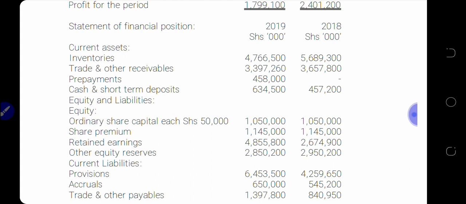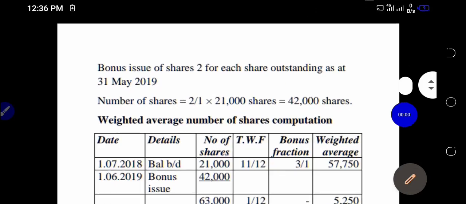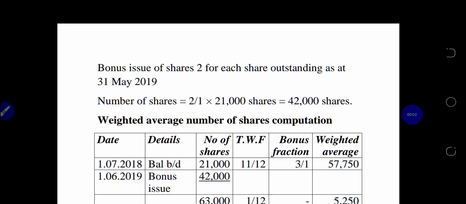Meaning that originally the company had 21,000 shares. When you get 1,050,000 over 50,000 shillings, so originally the company had 21,000 shares. To get the 21,000 shares, just get the share capital in the statement of financial position over the price per share, which is shillings 50,000. So when you do that, you come to 21,000 shares.